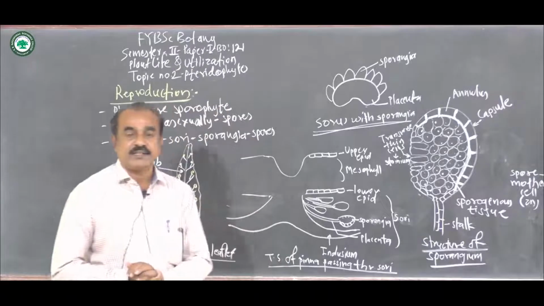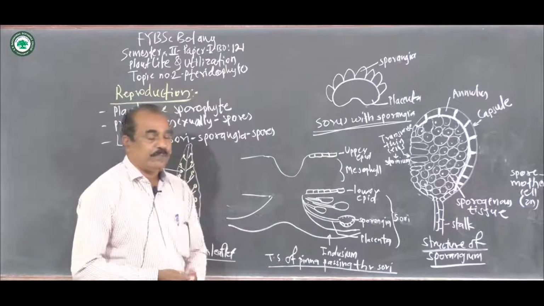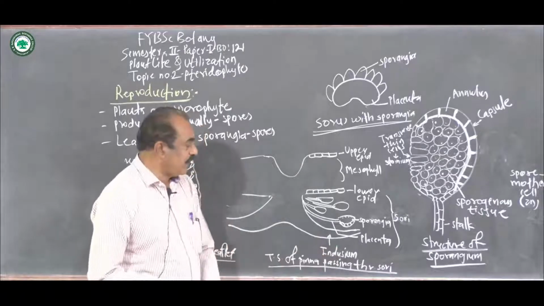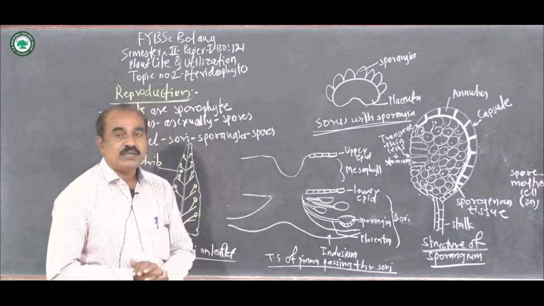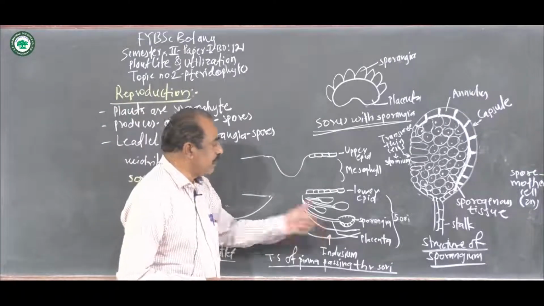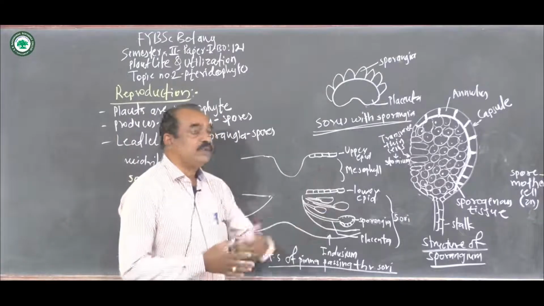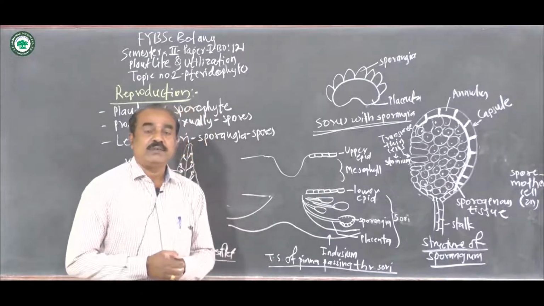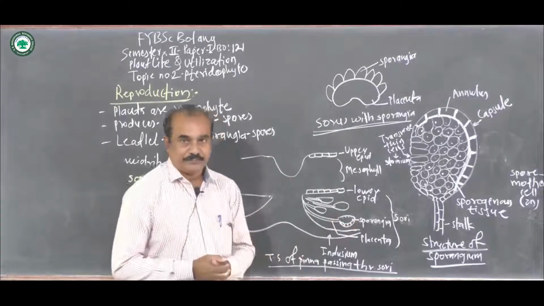Now, it has a complicated structure. There is a protective covering, which is called the indusium, which is from the lower surface. In between this indusium and the lower epidermis, the sporangia are developed. This is the placenta. It is parenchymatous in nature, that means it provides food material to the developing sporogenous tissue.